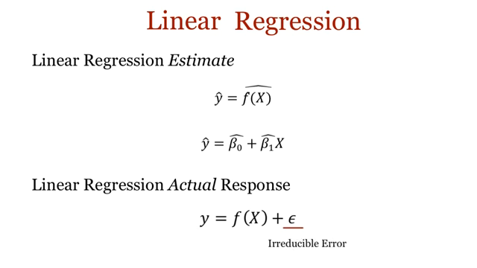In order to estimate these coefficients, we want to minimize the difference between the actual value y and the predicted value by the model, y hat, for every sample x. This difference is called the residual error, e. Now, don't confuse this residual error e with the irreducible error epsilon. By definition, epsilon is a part of the residual error.